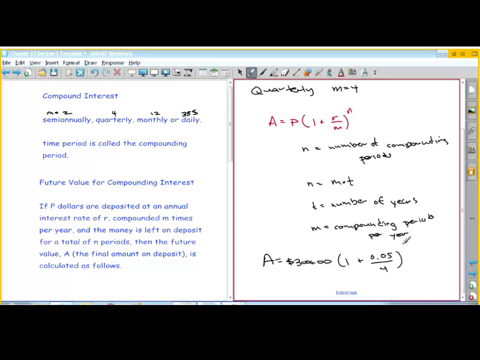So you take the yearly interest rate, divide by the number of compounding periods, and then you raise that to the 20th power, because N, the exponent, is the number of compounding periods times the number of years, which is 5, so you get 20.